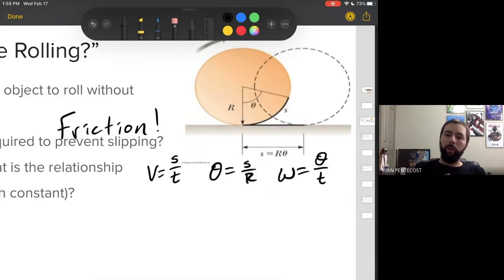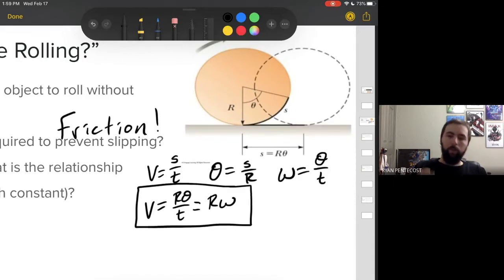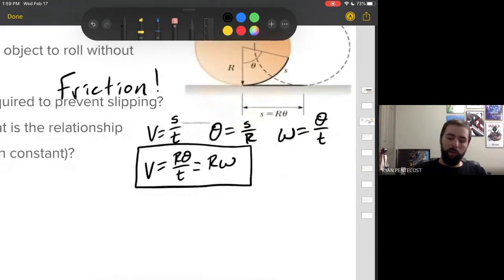So we can combine all of these: v equals s over t, and s is r theta, so v equals r theta over t. And omega is theta over t. So velocity is r omega.